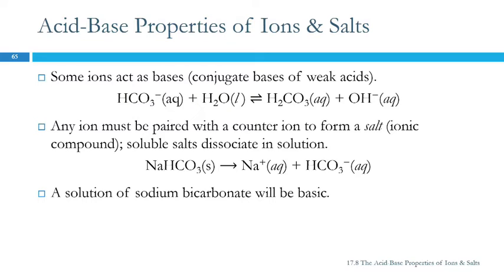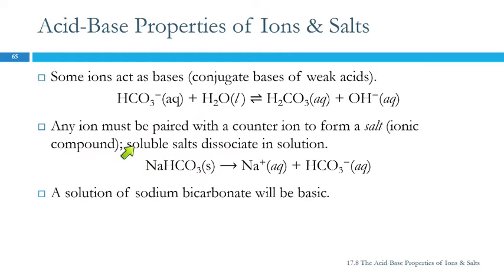If we have an ion like this, it has to have a counter ion in the solution. You can't have a jar of chloride ions. You can't separate charges like that. So this is going to have to be something like sodium hydrogen carbonate or potassium hydrogen carbonate, because it can't come in as a negative ion. It has to be part of a neutral compound.